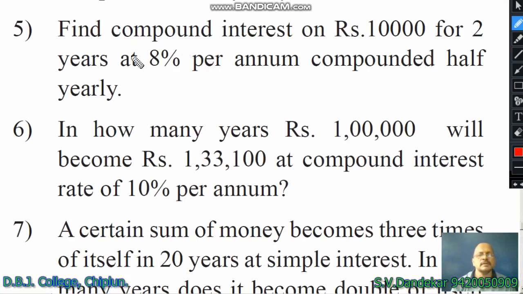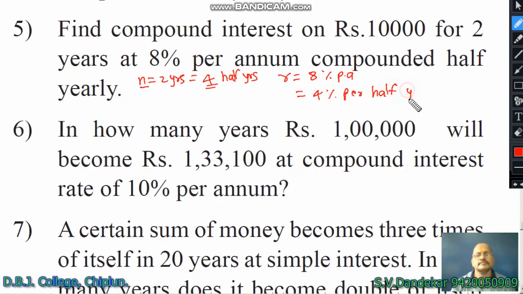Again, like the previous one, n is 2 years, that is 4 half years, and therefore I am going to take n equal to 4, and rate of interest 8% per annum, that is 4% per half year, and therefore the formula A is equal to P into 1 plus R by 100 raised to n gives us the answer 10,000 into 1 plus 4 by 100 raised to 4.